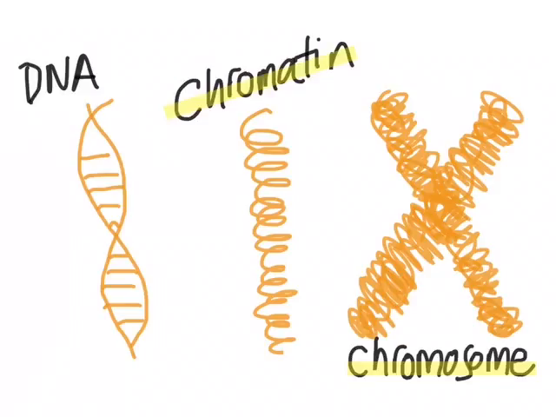3 really important words for what we're about to talk about next week, which is how cells reproduce themselves, are DNA, chromatin, and chromosome. These are all ways that DNA can organize itself. So what you have here is DNA. This is the smallest, what it looks like, double helix.